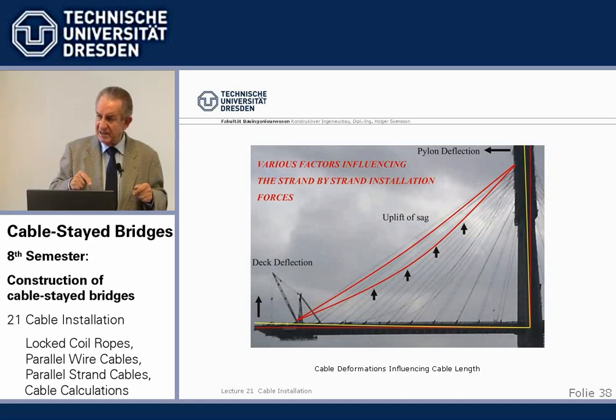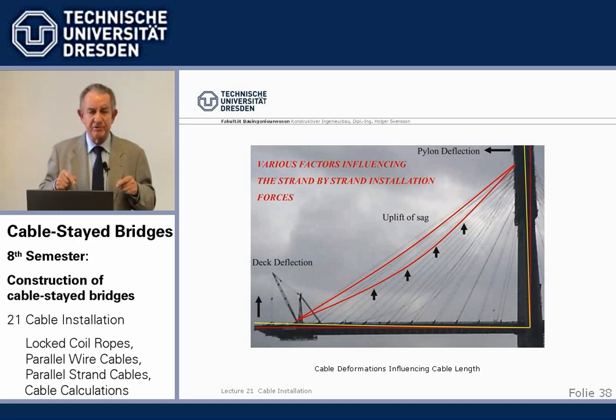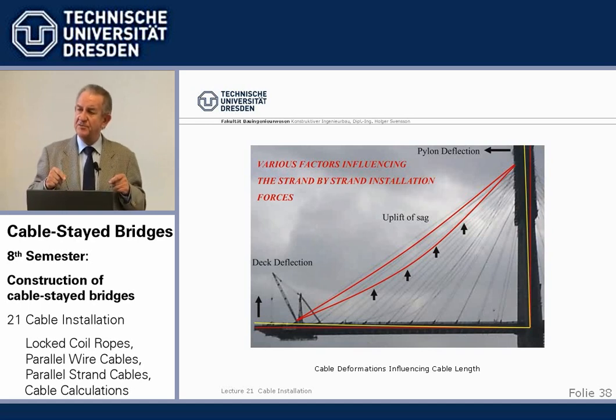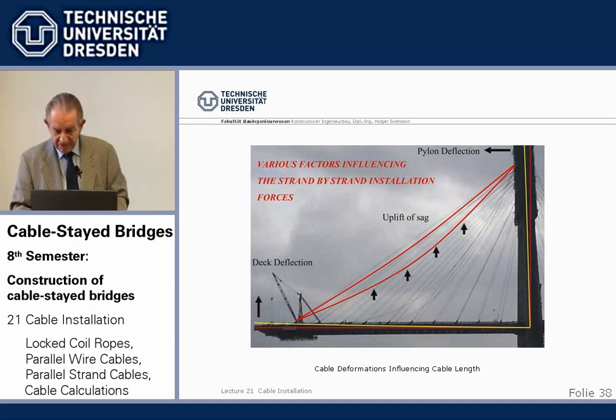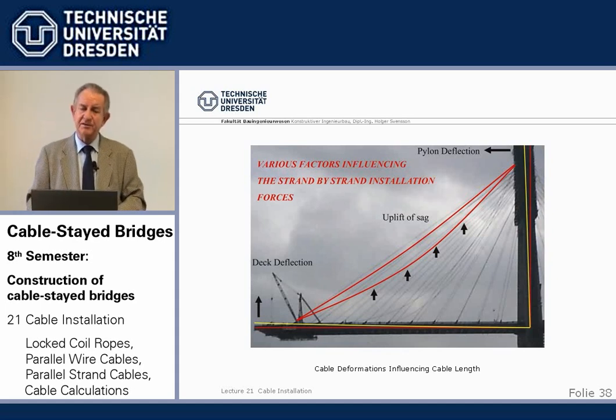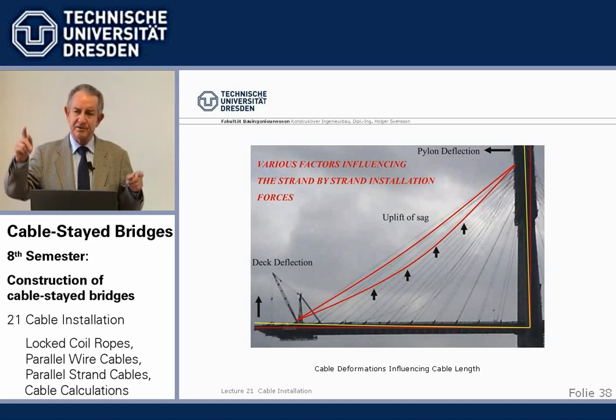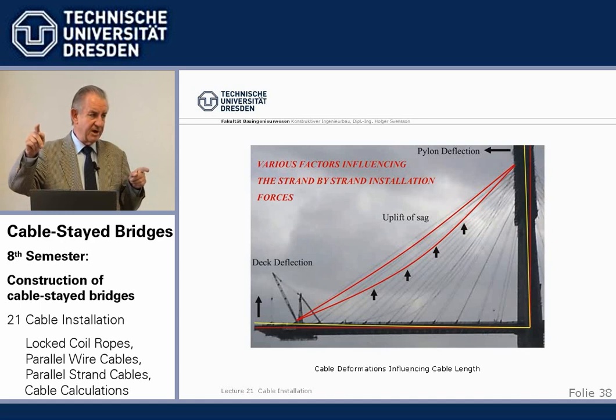Now here we do not have a predetermined cable length with site fabricated ones, but we have long strands which we cut off one after another and reinstall. And so there we have to calculate the force, not installation by geometry as with the shop fabricated, but installation by force.